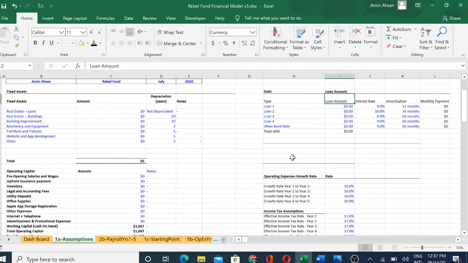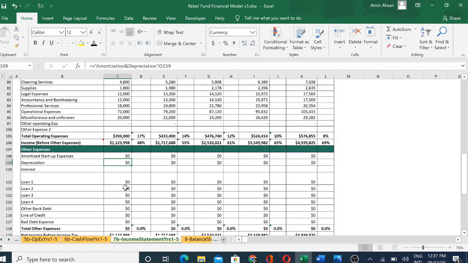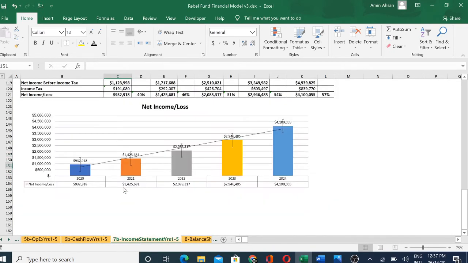Just put the amount of loan, interest rate, and amortization, I mean, after how many months you will need to pay back the loan. Just enter here and it will calculate the amount of loan and its interest, and it will show the interest here.